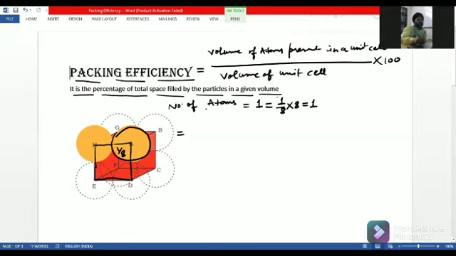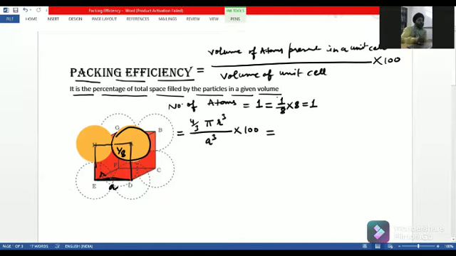So to calculate the packing efficiency of a simple or primitive unit cell, the volume of one atom or particle, which is spherical in shape, is 4/3 pi r cube, and we are taking the edge of this cube as a. So the volume of the cube will be a cube, multiplied by 100. Now the next important thing is to find the relation between a and the radius of this atom.